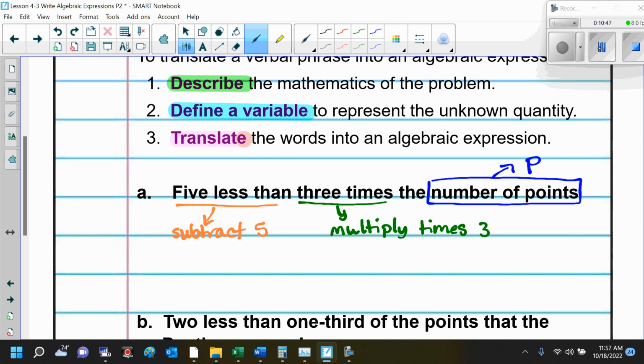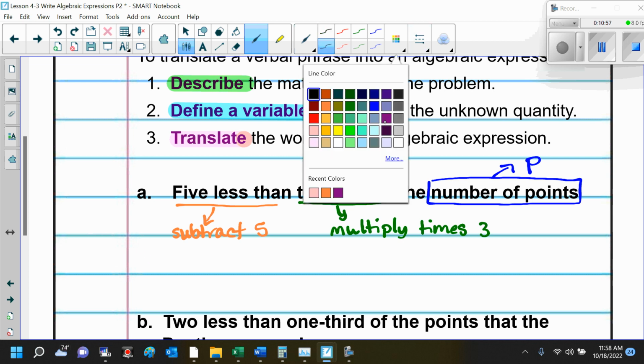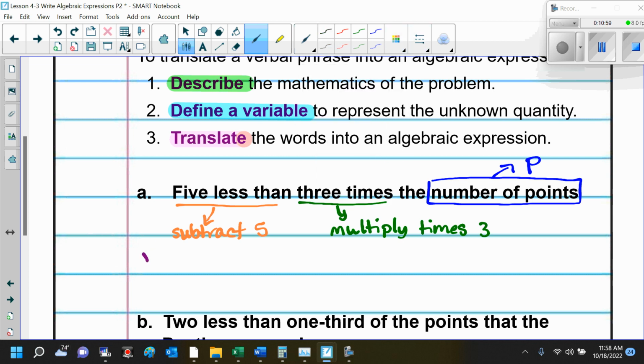Okay? So now we can put all of this together in an algebraic expression. So, what do you think we could write? When you are writing your algebraic expression, you need to follow your order of operations. So follow PEMDAS.